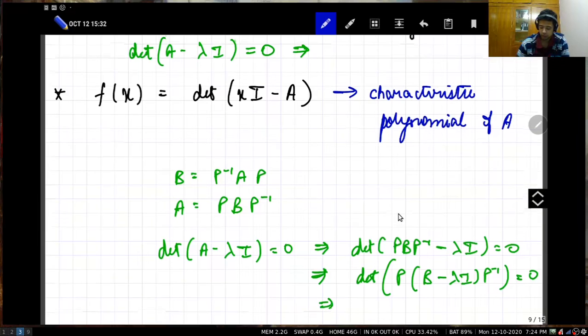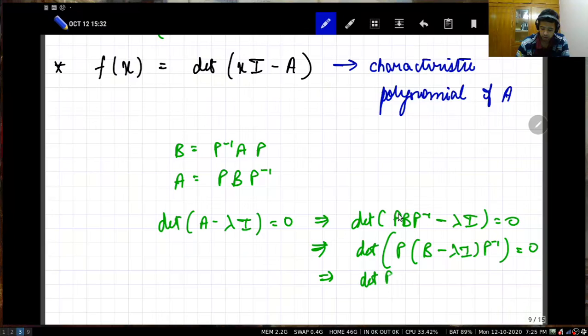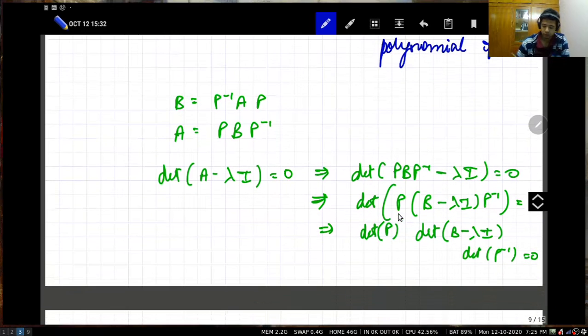But we know that the determinant of A times B is determinant of A times determinant of B, and using this property we have determinant of P times determinant of B minus lambda times I times determinant of P inverse is equal to 0, right? But P is an invertible matrix, so the determinant of P and therefore the determinant of P inverse cannot be 0.